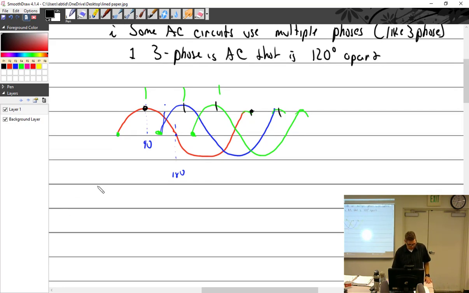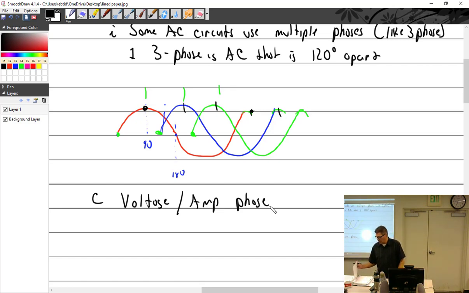We're going to be spending a lot of time talking about volt-amp phases, so voltage and amp phase, or phase shift, if you will.